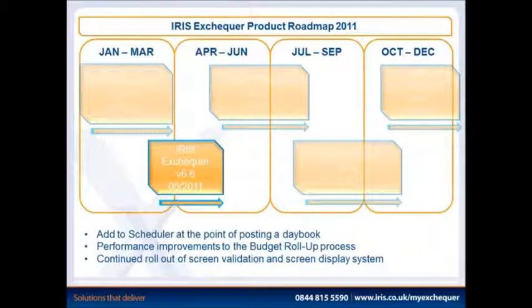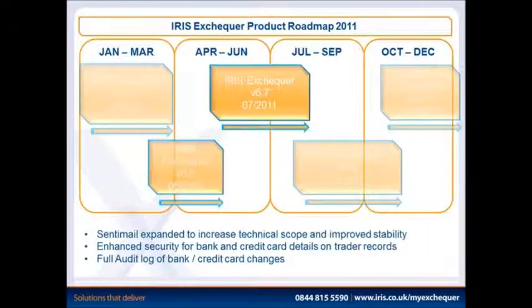So in 6.6 we again re-engineered and refactored the way in which that works, and we've achieved performance benefits of around about 95%, so really giving some more power to that feature within the product. We also continued with the screen mechanism, making sure that those screens are displayed correctly for you whenever you open them, that we rolled out originally in version 6.5.